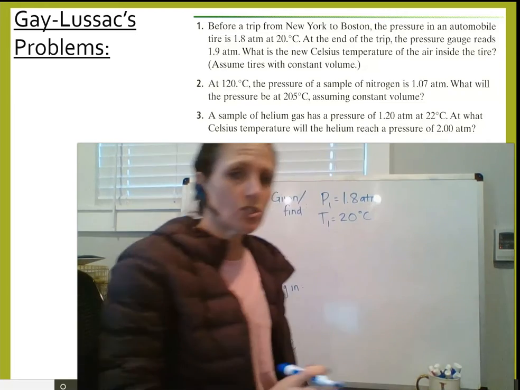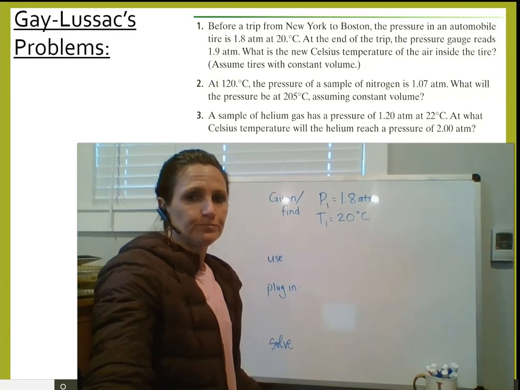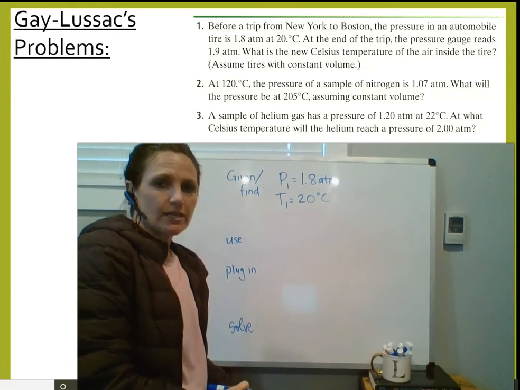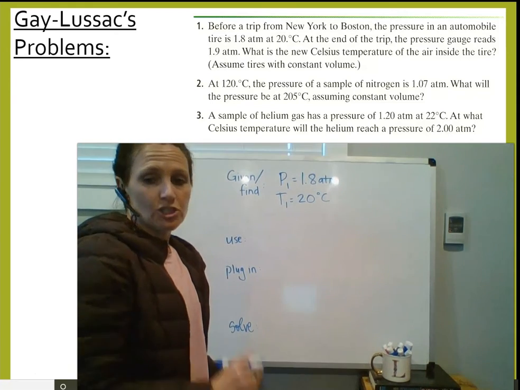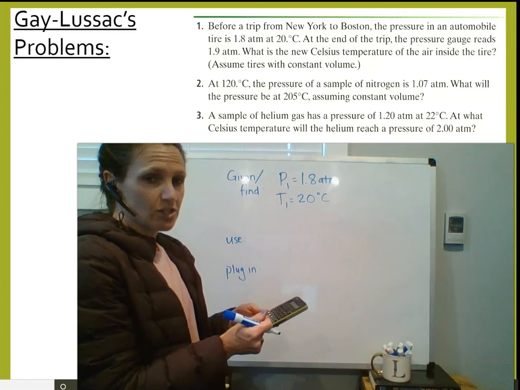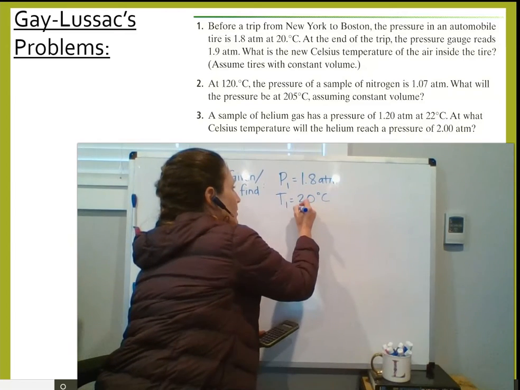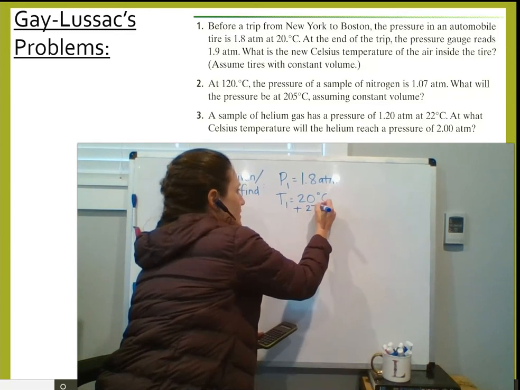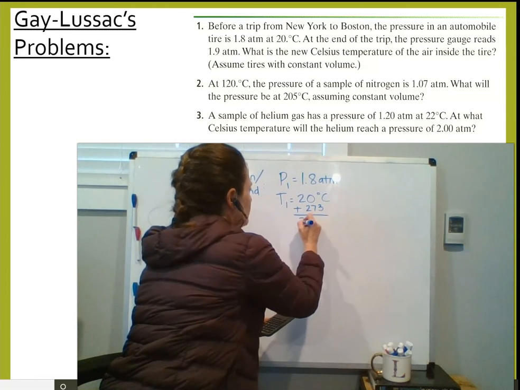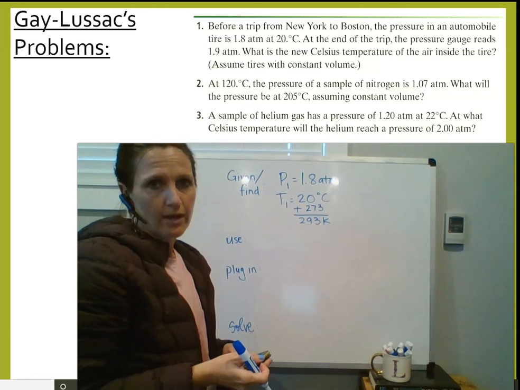And now, just like Charles' law, when I see a temperature in degrees Celsius, I need to immediately change that to Kelvin. Remember, to change it, we add 273. So 20 plus 273 gives me 293 Kelvin. That is my temperature 1.